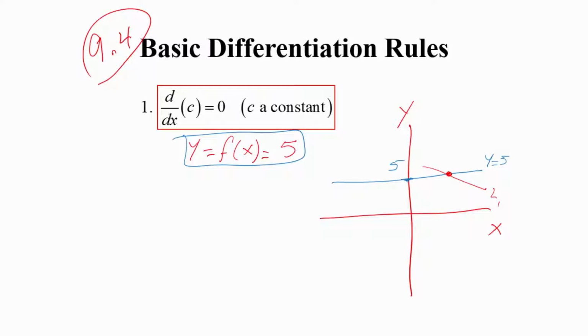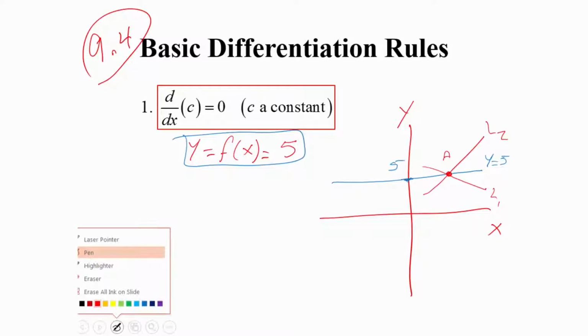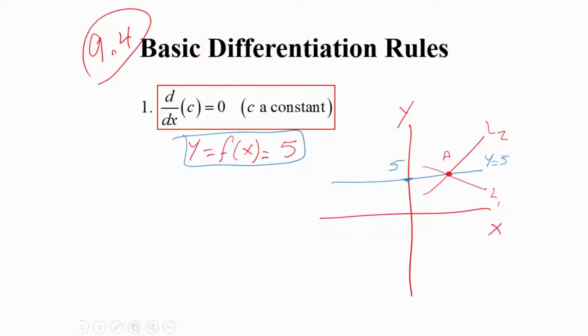Would this line, L2, be tangent? No, that line is also crossing it. It cannot be tangent to point A on y equal to 5. The only possibility for a tangent line would be a line which goes like this. This black line would be tangent at point A.